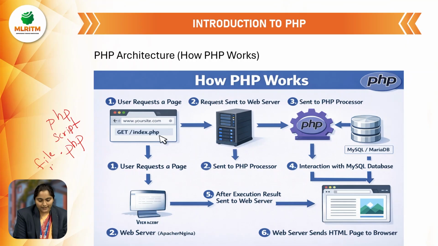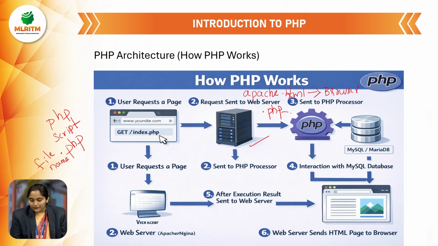Whenever the user tries to execute that PHP script, it is sent to the relevant web server, usually Apache. The web server checks the extension: if it is .html, it is sent to the browser, and if it is .php, the file is sent to the PHP processor, which executes and processes the script.